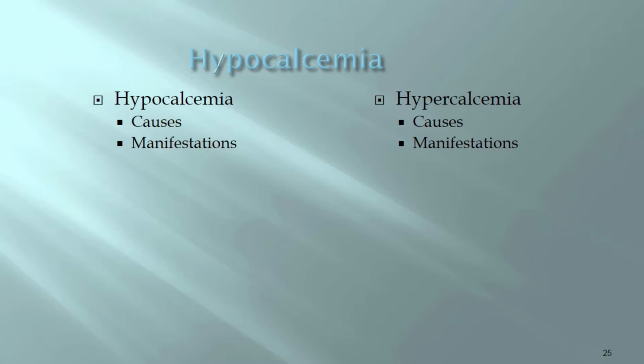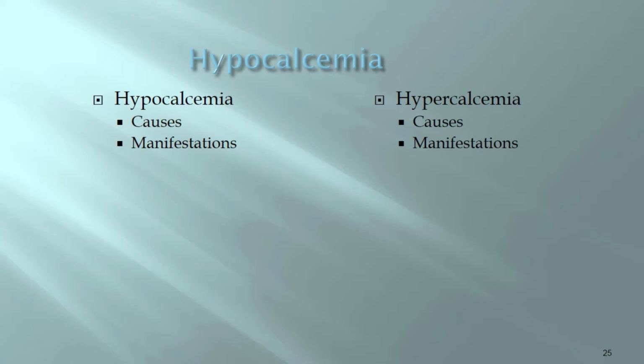The treatment will be to replace the calcium in an emergency situation, when a patient presents with tetany. Tetany is severe muscle spasm, meaning severe contractions of the entire body, and we are most concerned about respiratory arrest.